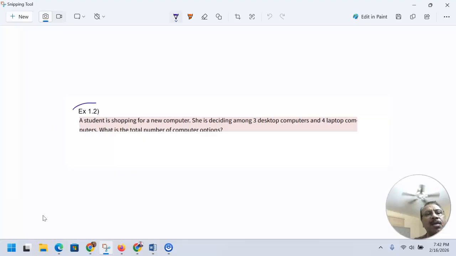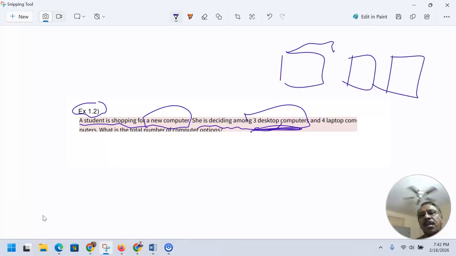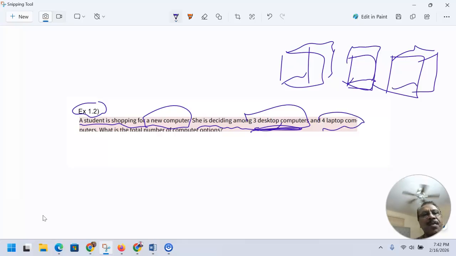So for example number two, I want you to pause the video and see if you can do it. It's not difficult because this is just adding. A student is shopping for a new computer. She is deciding among three desktops, so these are three big computers, and four laptop computers.